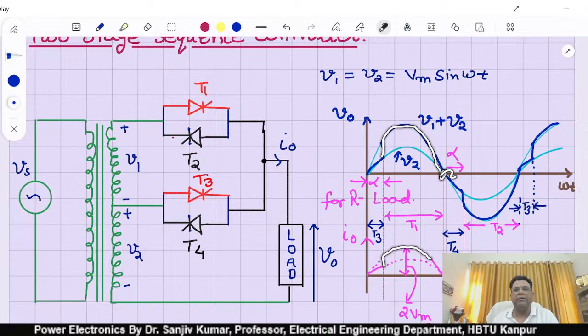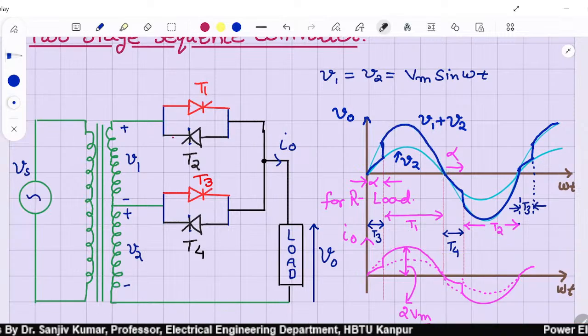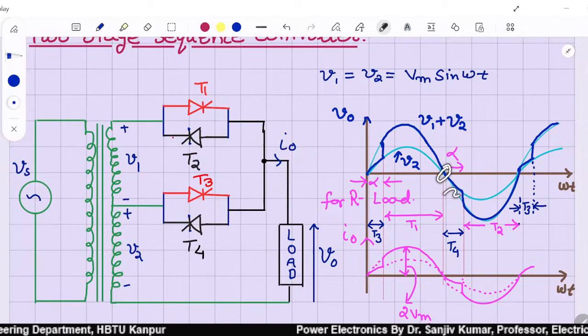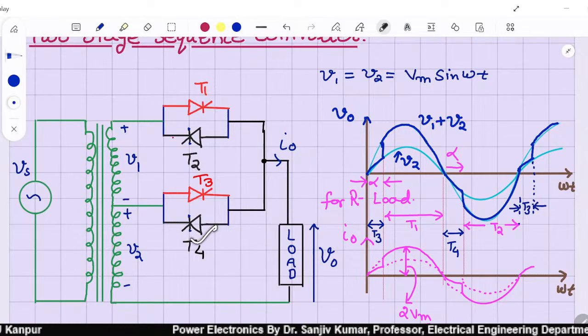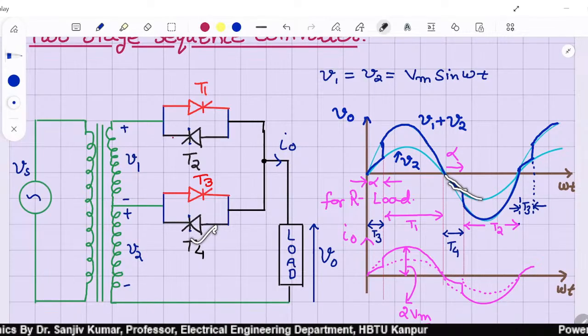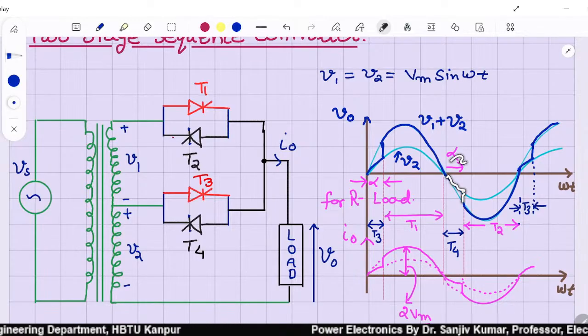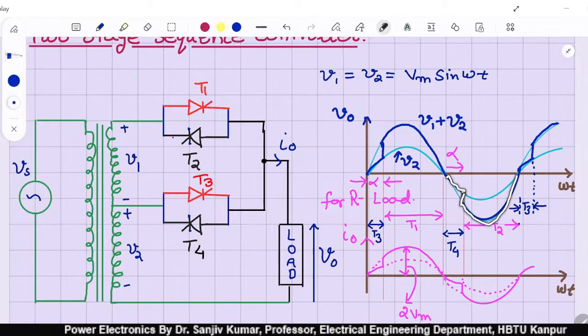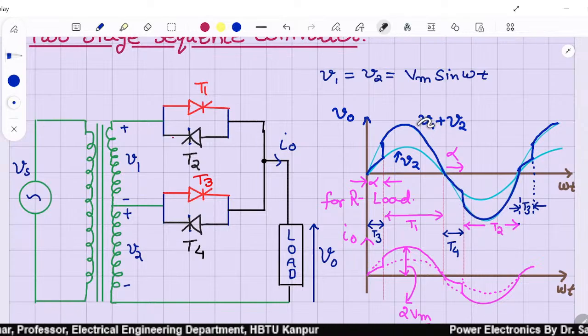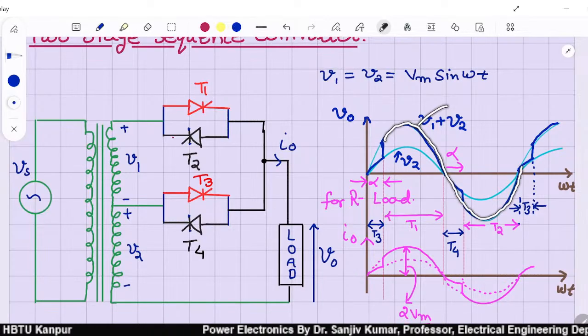At this point, omega t equal to pi, since the load is resistive, T3 automatically gets turned off and you trigger T4 at 0 angle, so it will follow the negative path of this V2 curve up to this point and you trigger T2, so current will jump in negative direction to this curve, that is 2 Vm sin omega t, or you can say V1 plus V2 curve, the same curve, right?